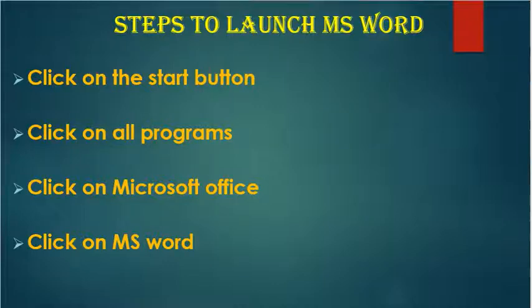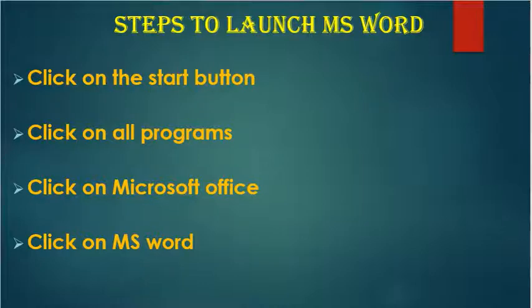Someone's own may be Microsoft Office Word 2007, 2010, 2016, or 2019. Based on the version that is installed on the computer, after clicking on the Microsoft Office folder, you then click on MS Word, whether 2007, 2013, 2010, 2016, or 2019.